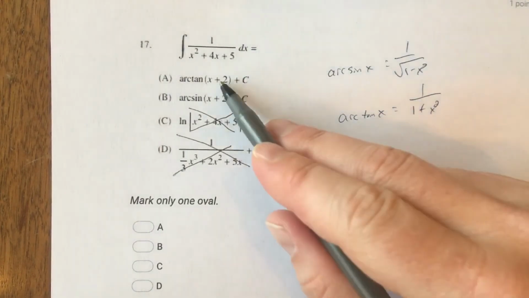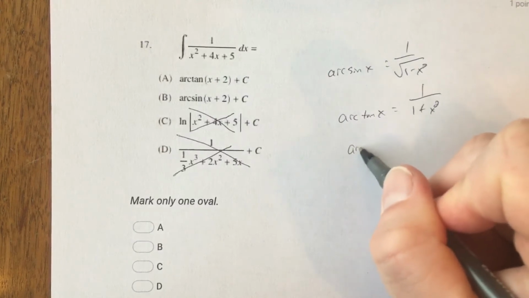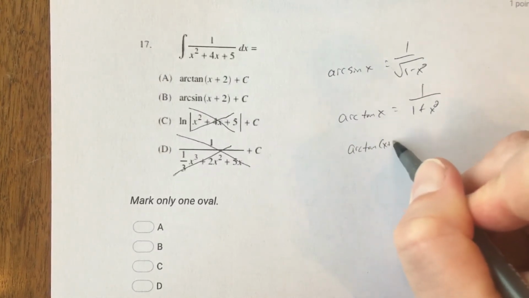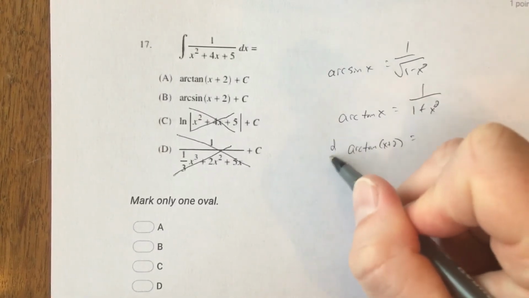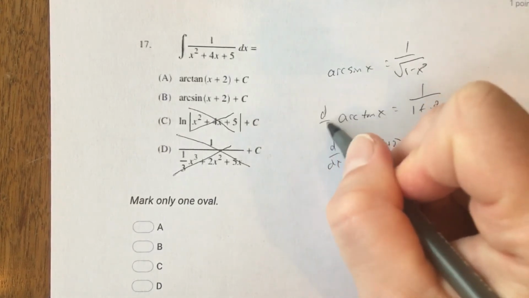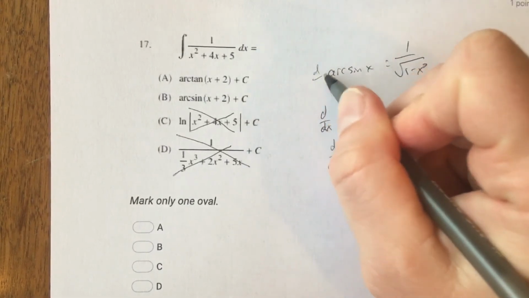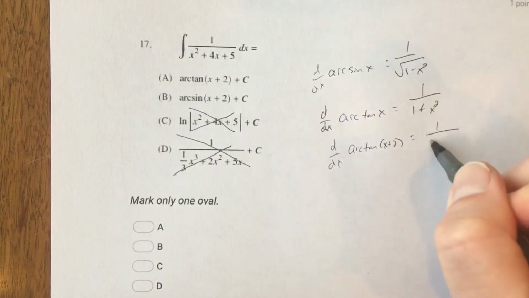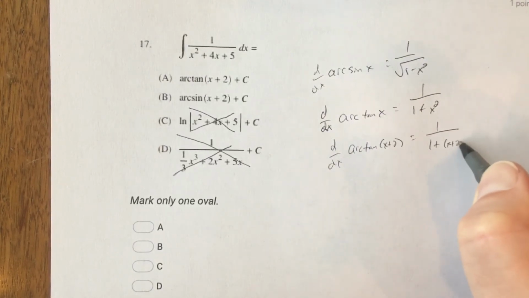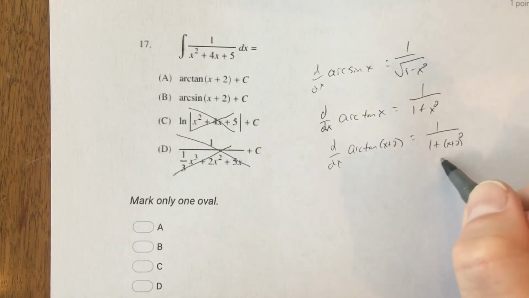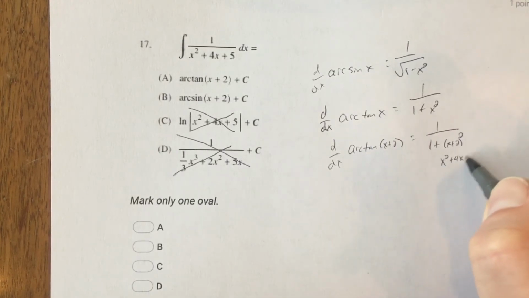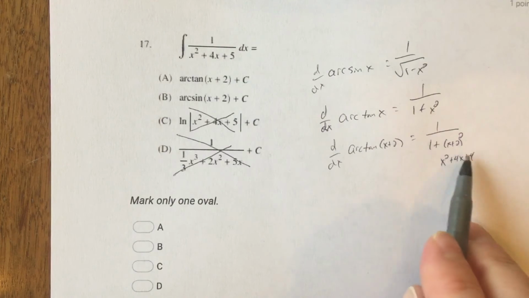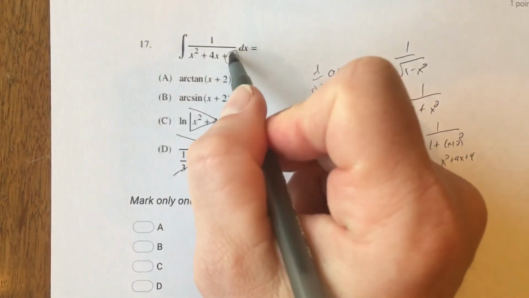And if we put x plus 2 here, arctan of x plus 2, the derivative of this is 1 over 1 plus x plus 2 squared. And if you square that out, you get x squared plus 4x plus 4. And if you go 1 plus the 4, that's where this 5 comes from.